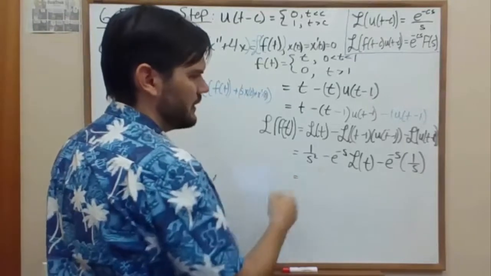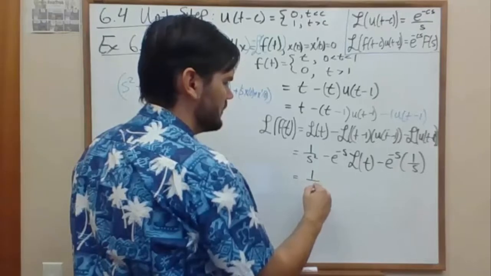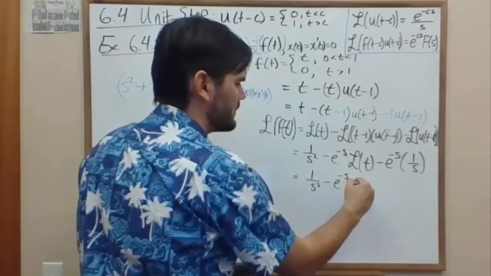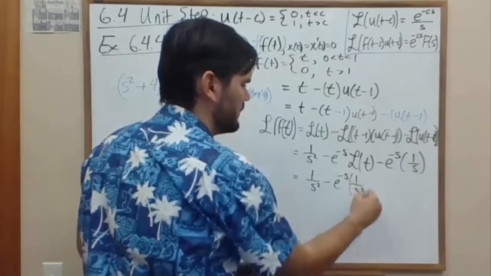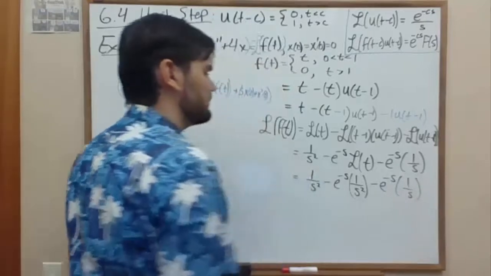And finally, we can combine this together to give us 1 over s squared minus e to the negative s times 1 over s squared minus e to the negative s times 1 over s.